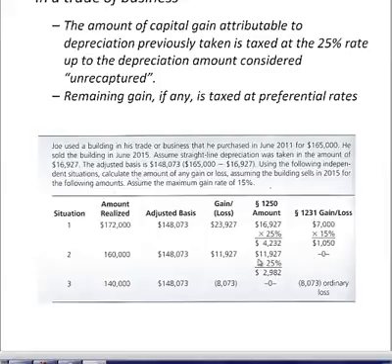The entire gain of $11,927 is taxed at the 25% rate. Then in situation 3, we sold the asset for $140,000 and had an $8,073 loss. Therefore, there is no gain, and we just treat the loss as ordinary.